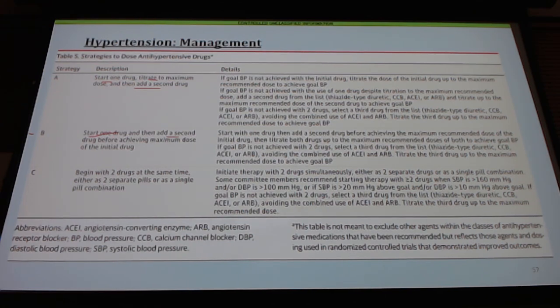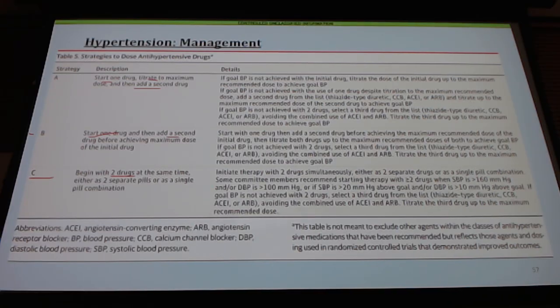So you know they're going to need 2 agents. Let's start them on one medication first, and then quickly add another without titrating to the max. And the third approach is to immediately begin the two drugs at the same time. So the literature supports any one of those three ways to get them on two agents.